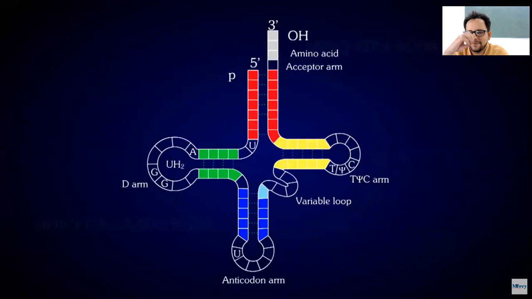Though the tRNA molecule consists of a single strand, it assumes a cloverleaf-like structure through folding. There are 3 folds in the cloverleaf tRNA. It has 4 arms, namely the anticodon arm, D arm, TC arm, and amino acid acceptor arm.